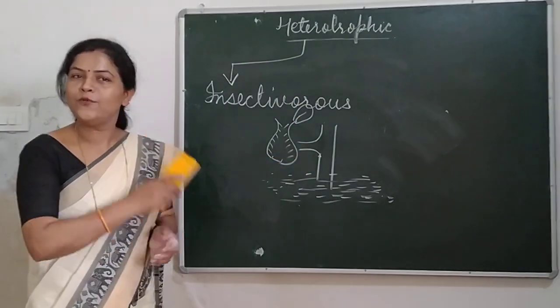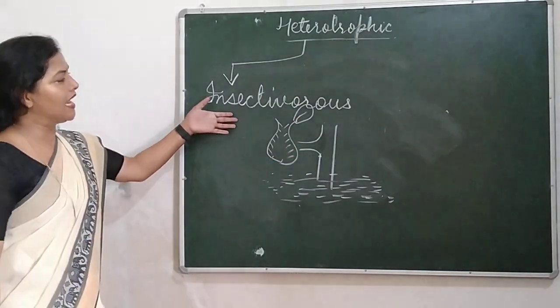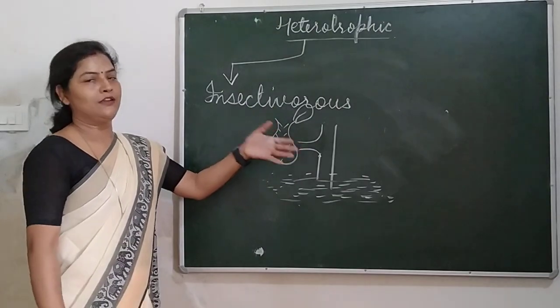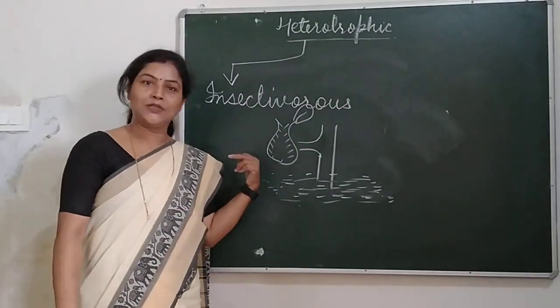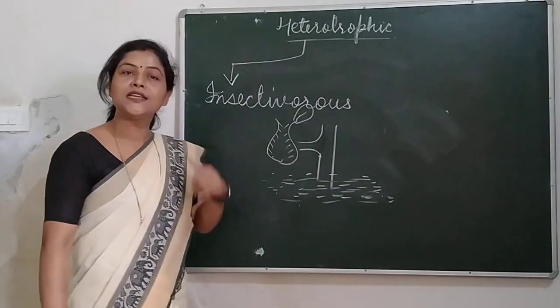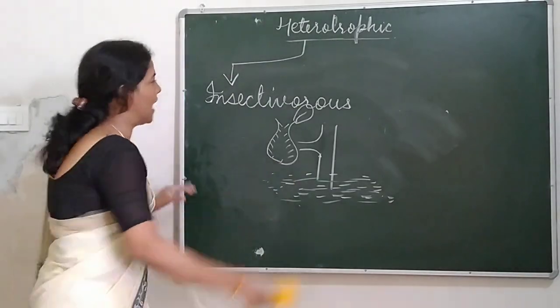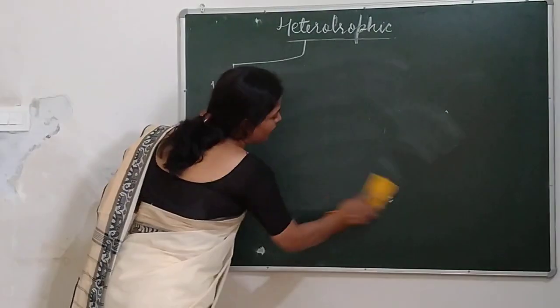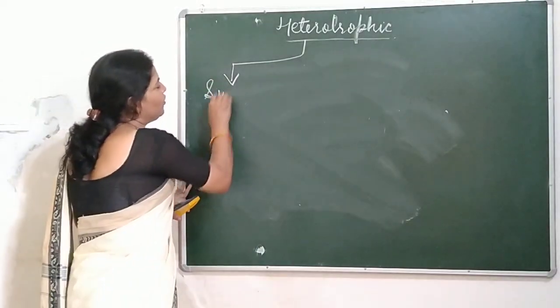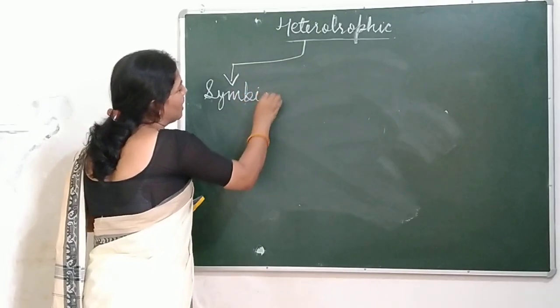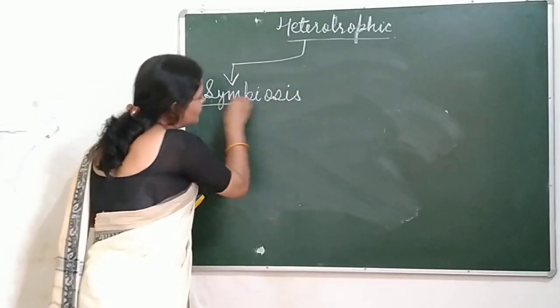So the third mode of nutrition that we have learned is insectivorous. First we have completed parasitic, second is saprophytic, and the third is insectivorous. So let us go through the last one. Another one is the symbiotic mode of nutrition, also called symbiosis.